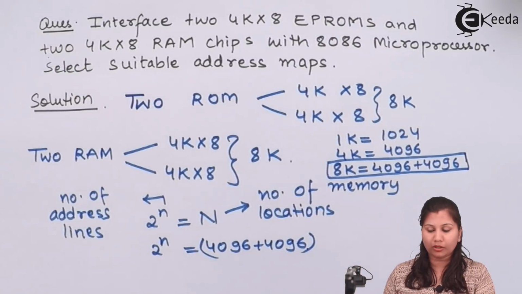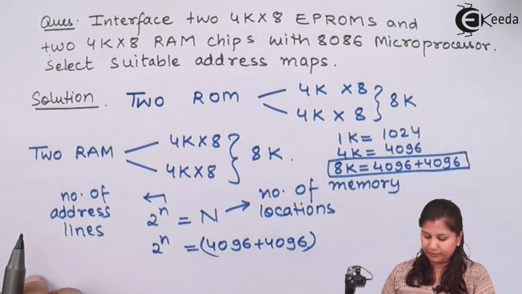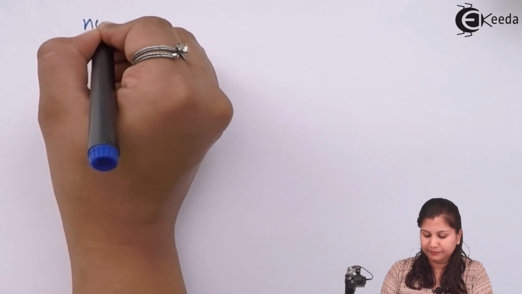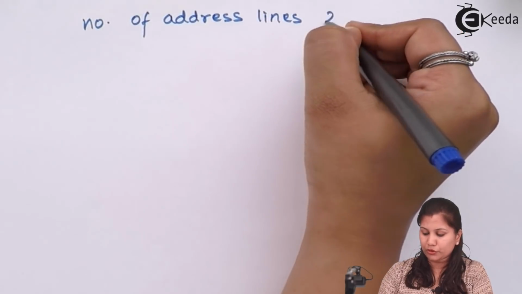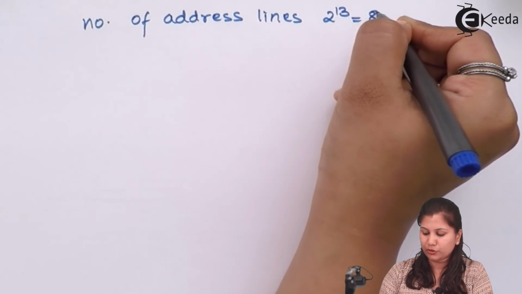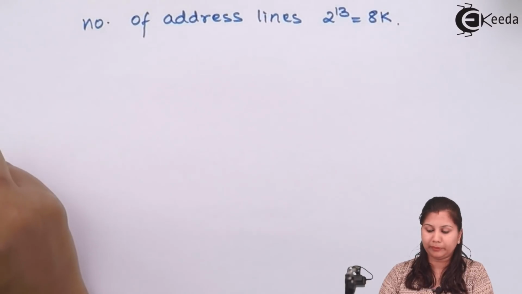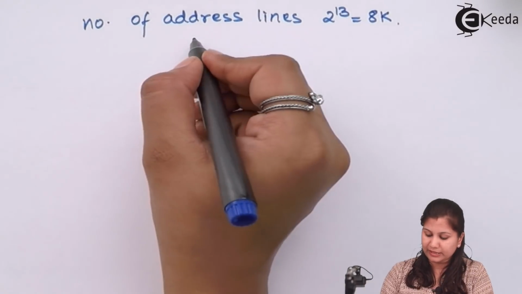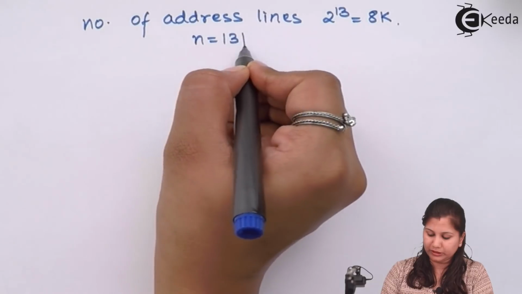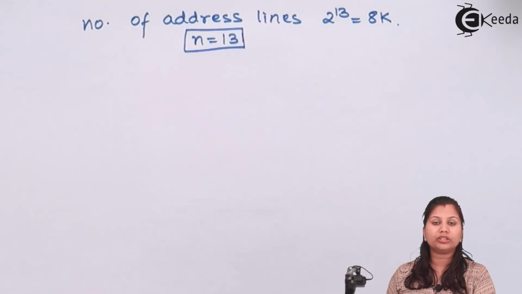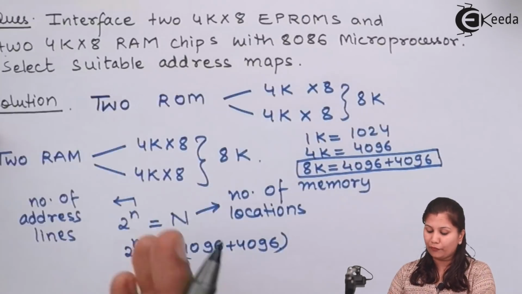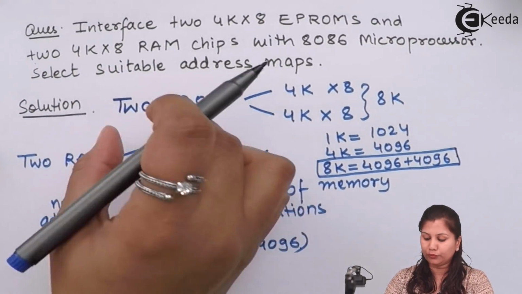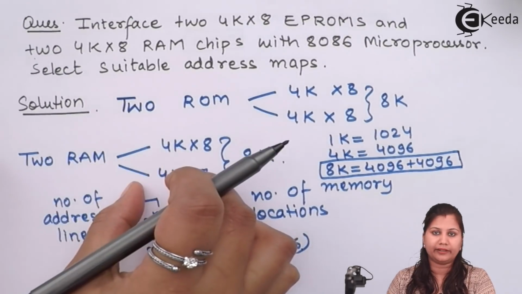So the number of address lines will come out to be 13, because 2 raised to the power 13 equals to 8 kilobyte of memory. So number of address lines n equals to 13 here. So 13 address lines will be required to address these 4 memory chips, 2 for the ROM and 2 for the RAM.